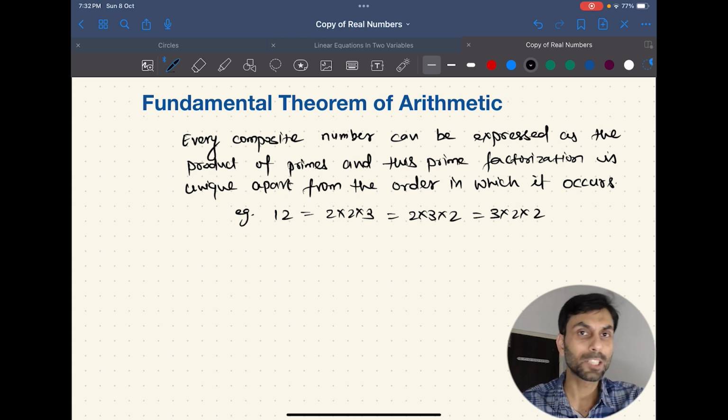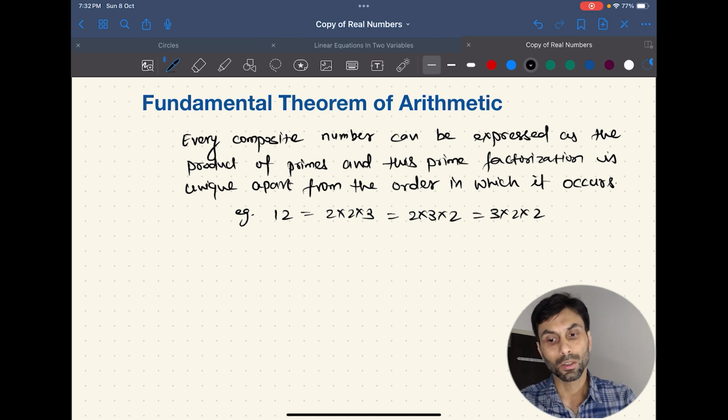In all the cases, as the product is commutative, their order doesn't matter. That's what it means when it says the prime factorization is unique apart from the order in which the prime factors occur. Now, how are we going to use this concept when it comes to questions? This concept will be used for finding the LCM and HCF of two or more numbers, and also to understand whether a number can end with the digit 0 or not.